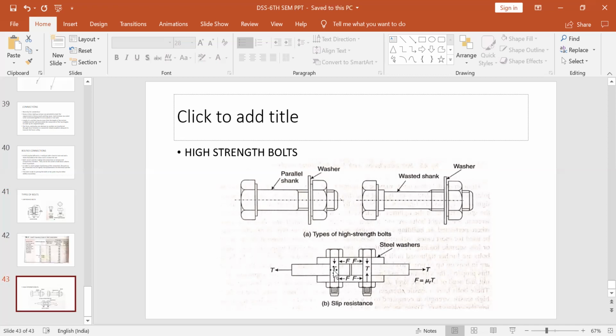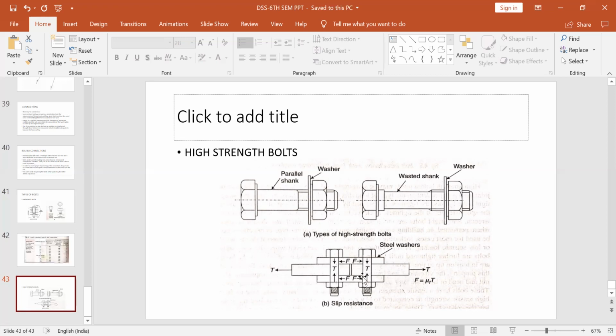Now again this is T, and there is interplay of friction between these two plates, since the surfaces are interconnected. You are pulling it here and pulling it here, so obviously the friction force will act here and here. Now this friction will be mu into F. What is mu? Mu is the coefficient of friction.